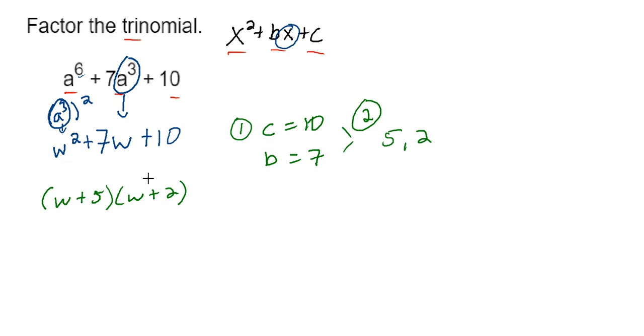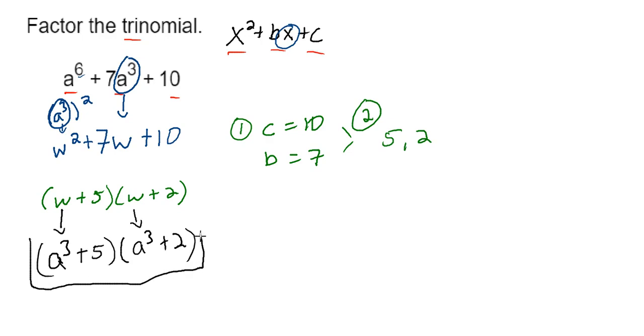So once you're done with W, you need to take the mask back off. Underneath the W, what we're going to find is a to the third power, right? That's the thing it was covering up. And that gets us back to the original variable that we started the problem with. So take the W back out, put the a to the third power back in, and you get this answer. And this is what you need to type into Math Excel.